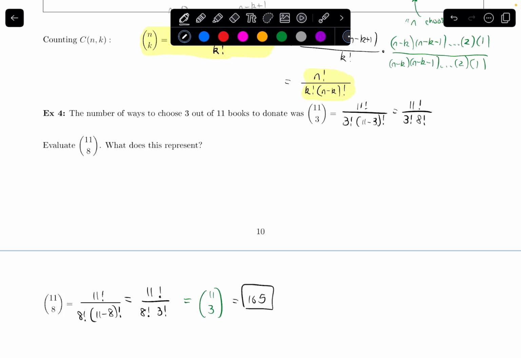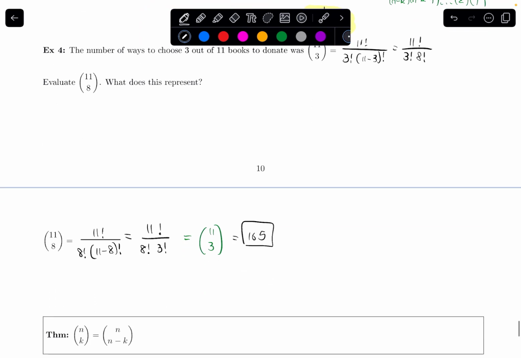But is there a reason why we'd expect these to be the same? And it turns out, yes. Here's the way I can think about this. 11 choose 3, which we had already done, is the number of ways to choose 3 out of the 11 books to donate.